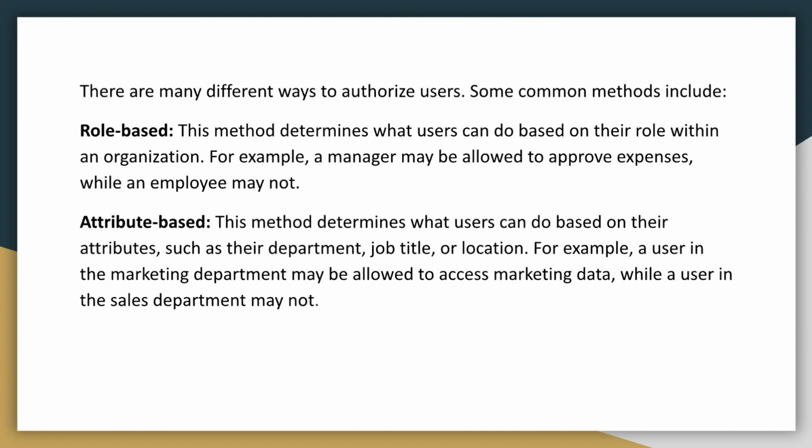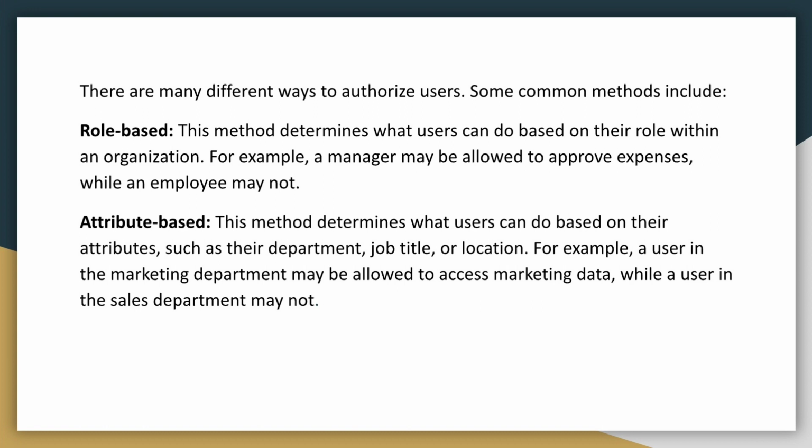Similarly, attribute-based access control. This determines what a user can do based on their attributes, such as the department, job title, or location. Let's take an example: let's say there is a user in the marketing department.